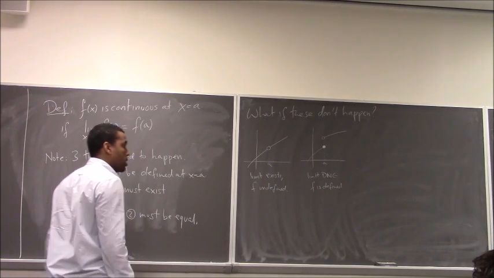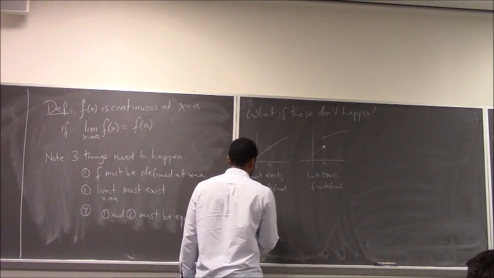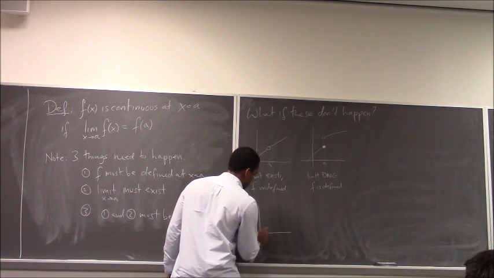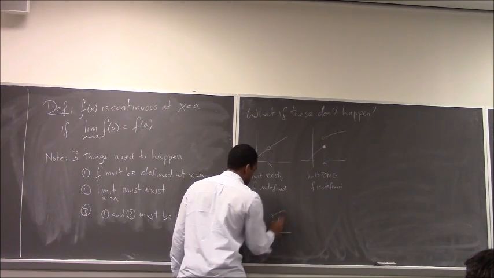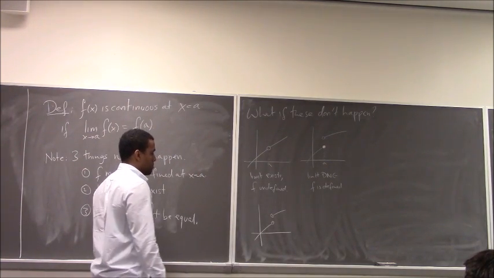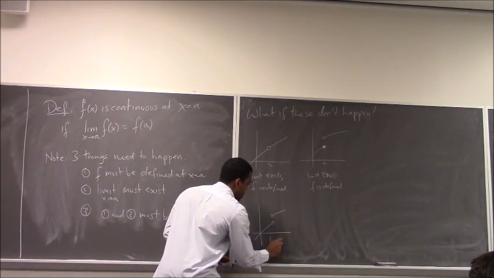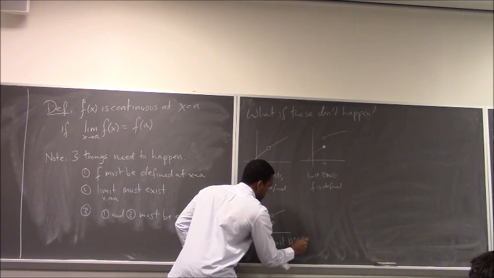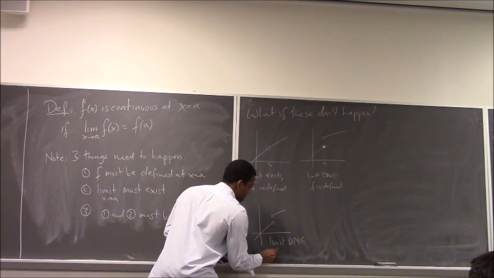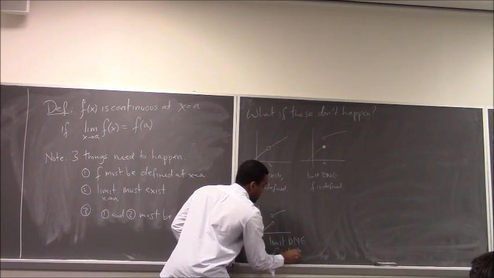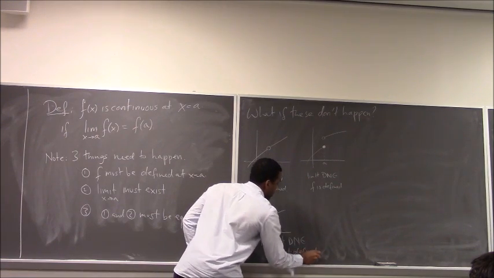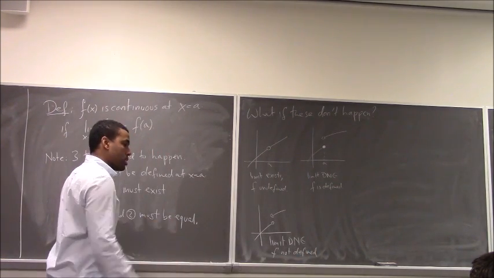You could also have cases where f is not defined and the limit does not exist. So here the limit does not exist and f is not defined. So you can have situations like this happening.